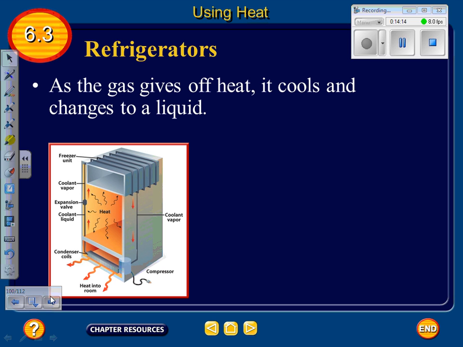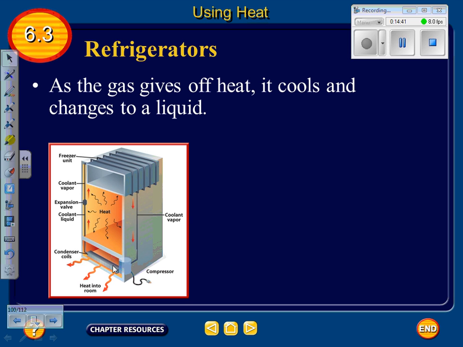So in this graphic, for example, the heat from inside the refrigerator is transferred to the cooling coils. Those cooling coils circulate, constantly keeping it cool, so that the heat from the food and the contents of the refrigerator is transferred into those coils, and then it's either pushed or allowed to flow into the room.